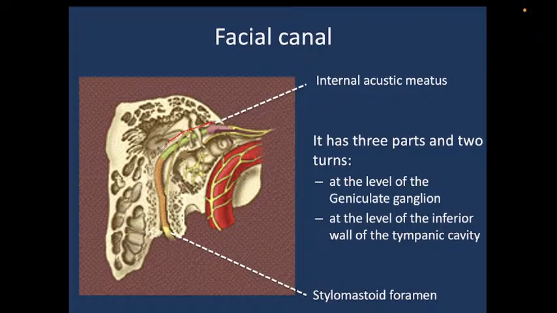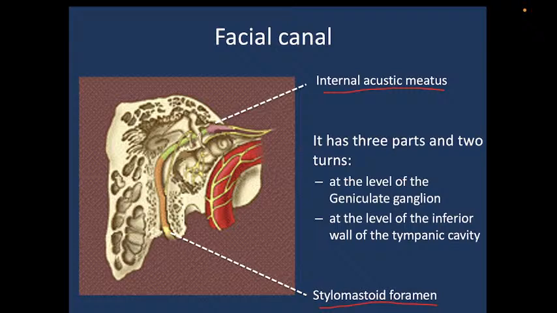This is a structure inside the temporal bone that is quite a complicated and curved canal, and the beginning of the facial canal starts from the internal acoustic meatus, meatus acusticus internus, and the end of the canal is in the stylomastoid foramen.